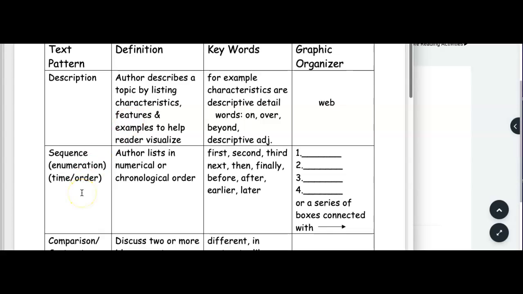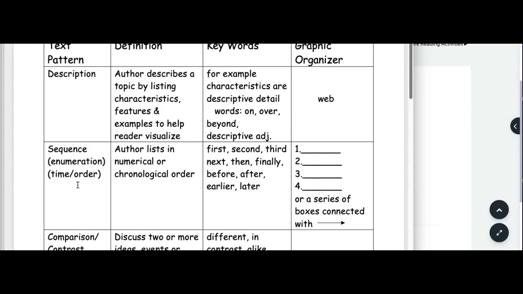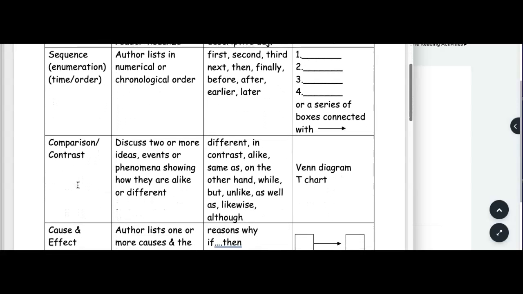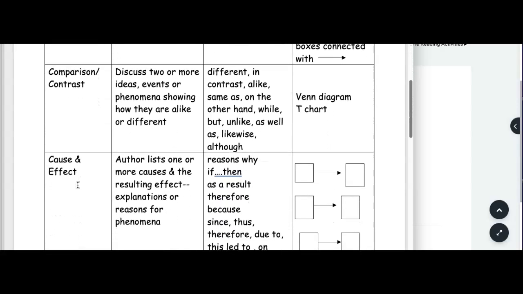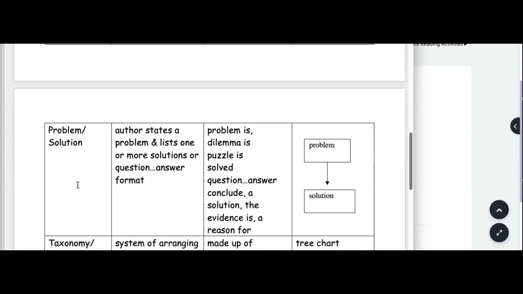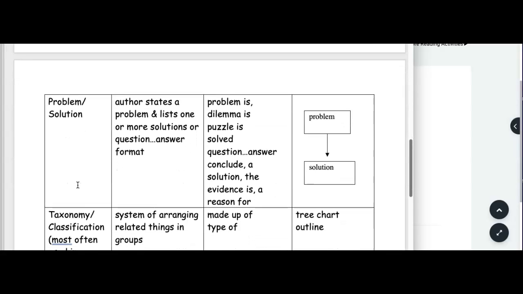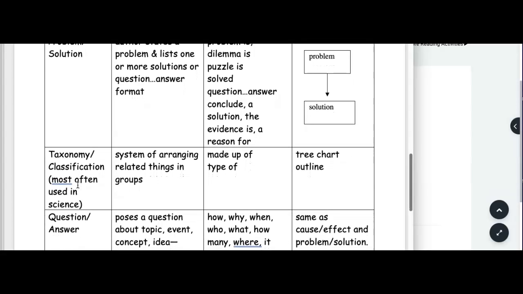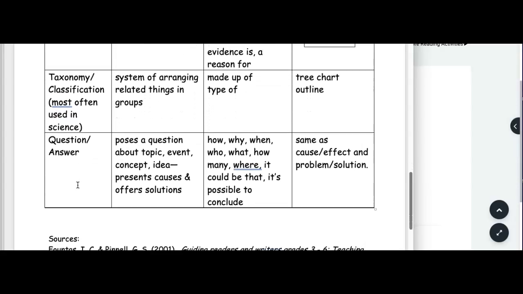The next text pattern discussed is sequence. And again, it gives you the definition, keywords that the readers need to look for, and the type of graphic organizer that works really well with this text pattern. Comparison and contrast, cause and effect, problem solution, taxonomy and/or classification, which is most often used in science, and question and answer.